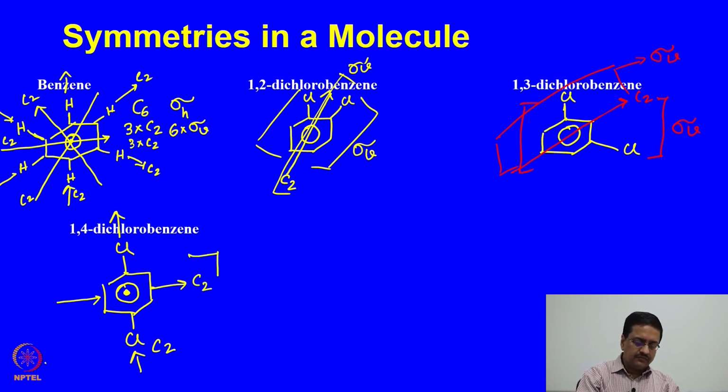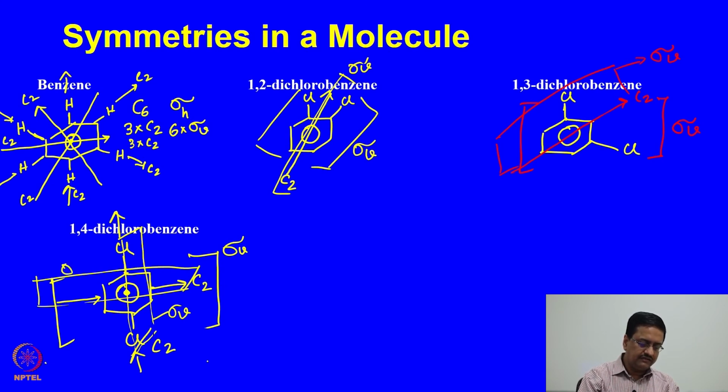Then the plane of the molecule is a sigma plane, that is sigma V. Then the molecule can be divided by this mirror plane, which is another sigma V, and the molecule can also be divided into two parts by that plane, which is another sigma V. So, this molecule has 3 perpendicular C2s and 3 different sigma V's which are perpendicular to each other.